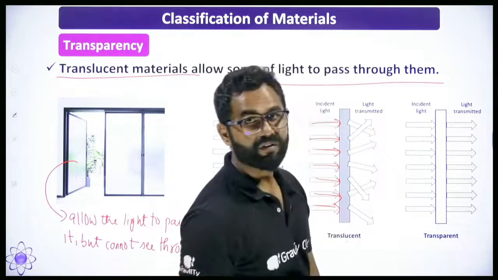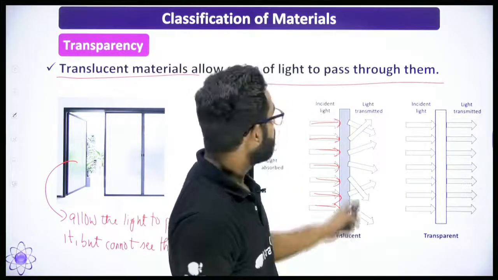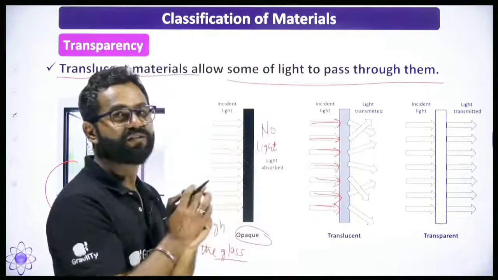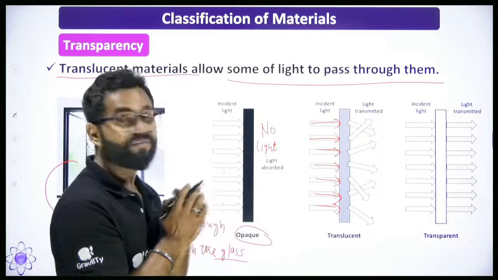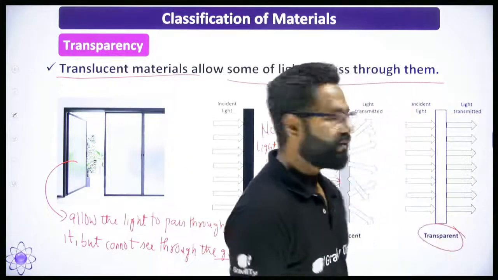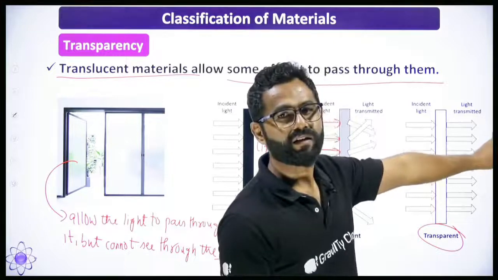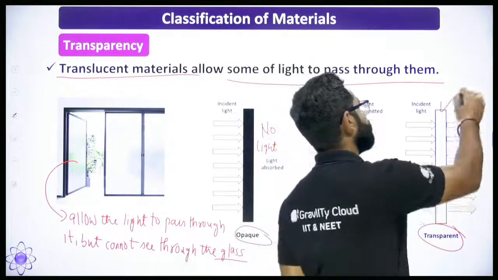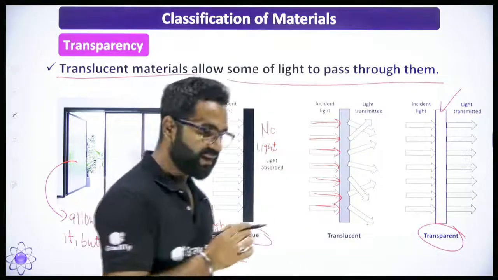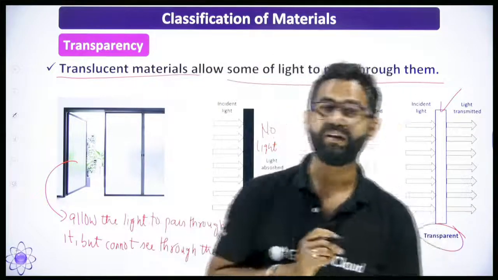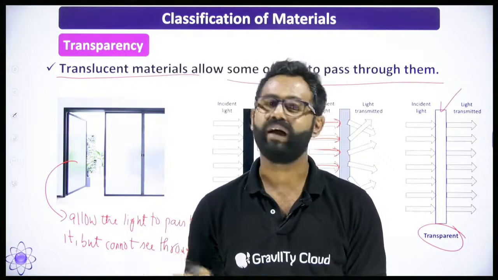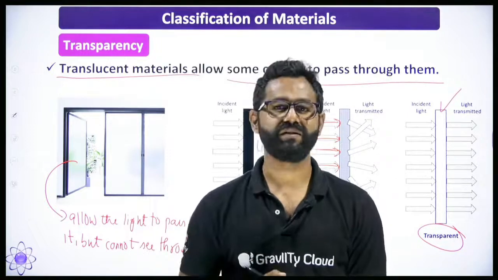The light waves strike the material and pass through it, but they pass in different directions, right? In the case of transparent material, you see, the light passes through the material directly, right? So this is how we can easily classify and differentiate the different materials on the basis of their transparency: opaque, translucent and transparent materials.